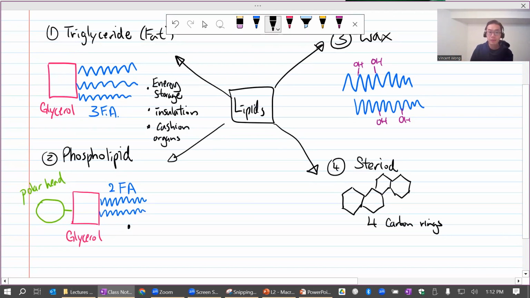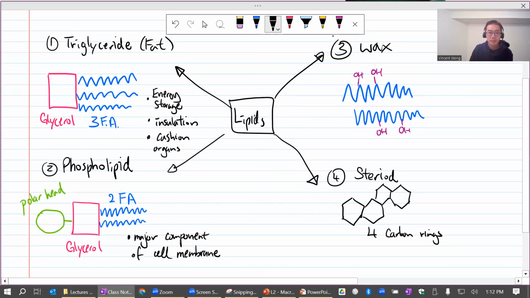Phospholipid. Do you remember what it was for? Major component of what? Cell membrane. Cell membranes. That's it. Yep. Everybody gets it. Good. Major component of cell membrane, right?